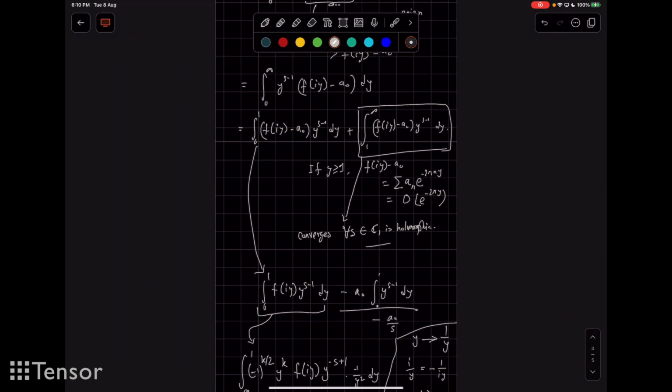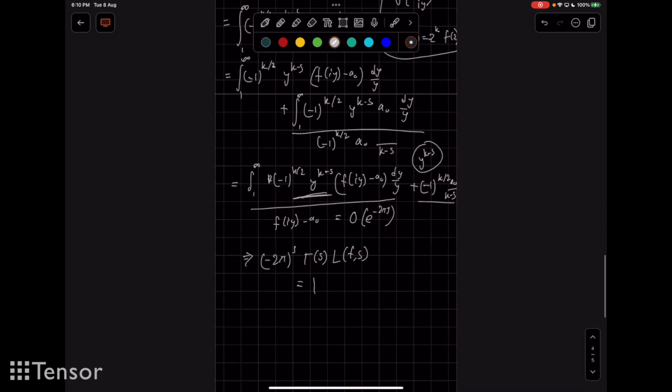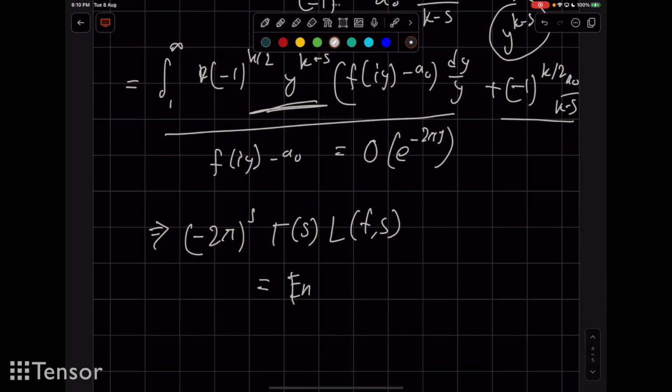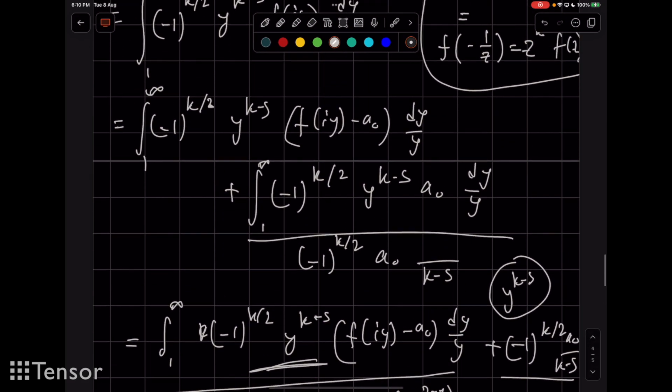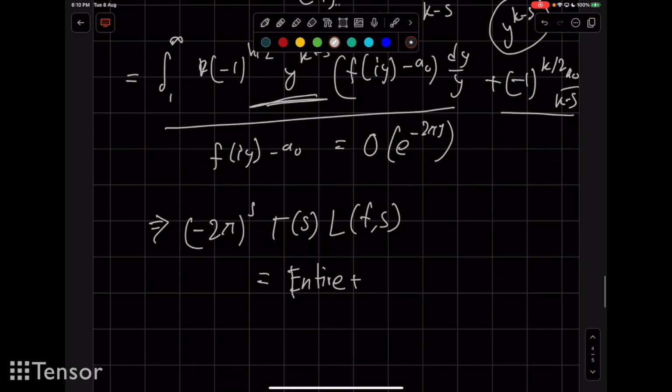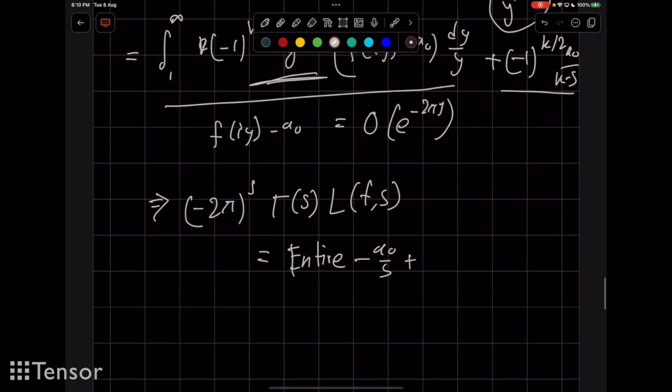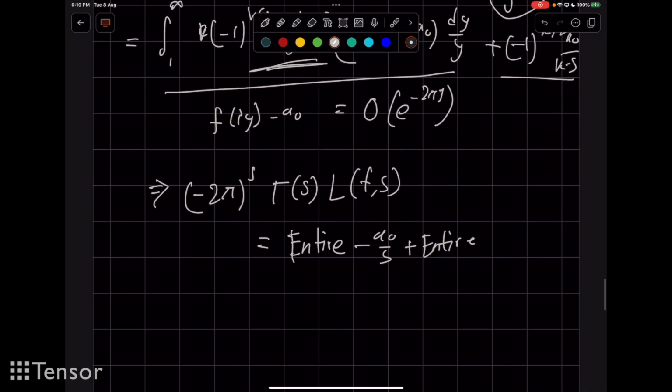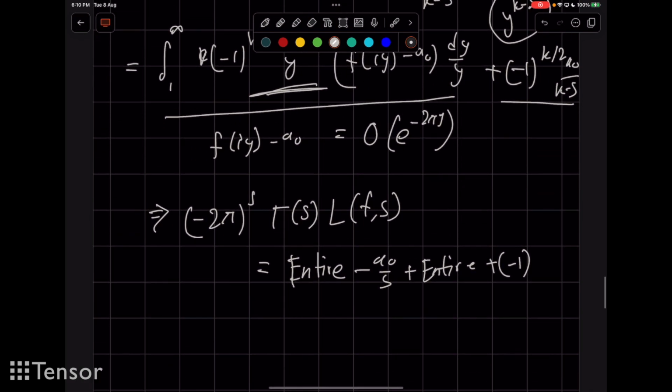This term is a holomorphic function, so some entire term, plus we had negative a0 over s, plus some other entire function which is this integral, plus negative 1 to the power k over 2 a0 over k minus s.